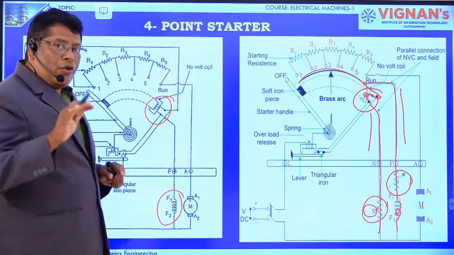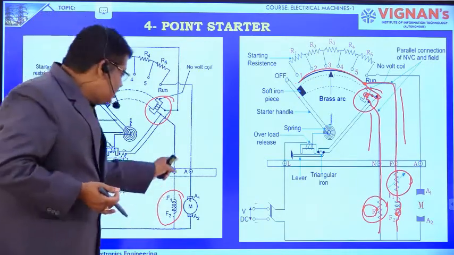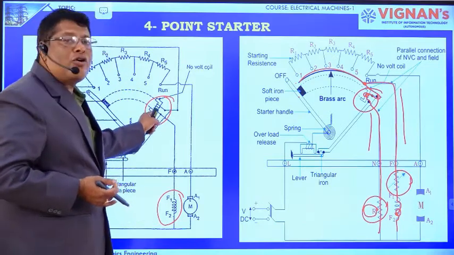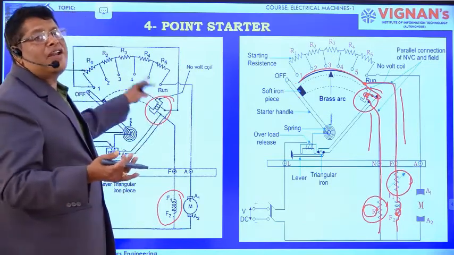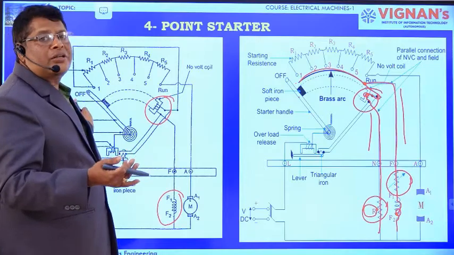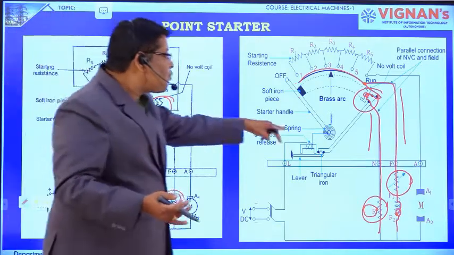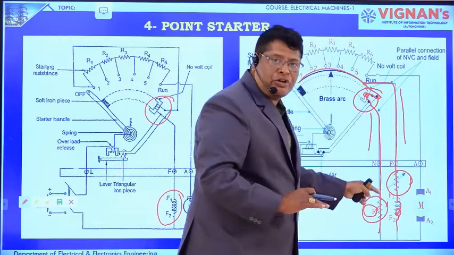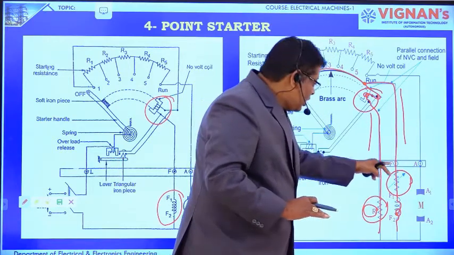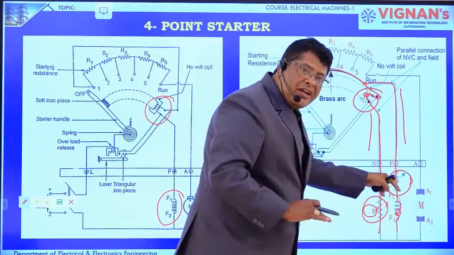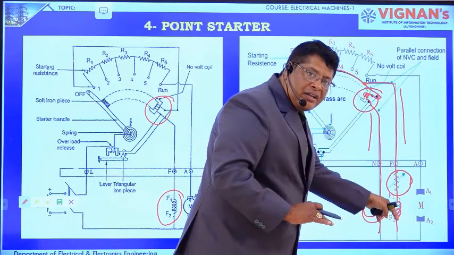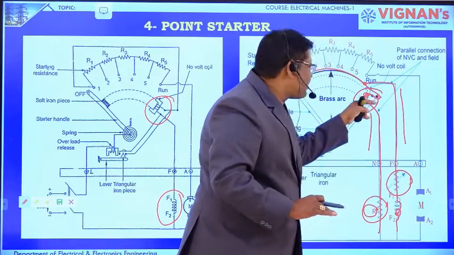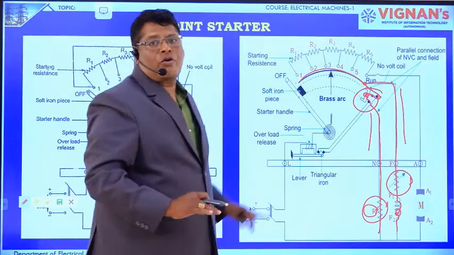So, if you are going for speed control and this current decreases, the holding coil loses its magnetism and the handle will automatically come to the off position. But in the case of the 4-point starter, because of the independence of the field and this holding circuit, even if you add external resistance here and decrease the current, it is not going to affect the current flowing through the holding coil.